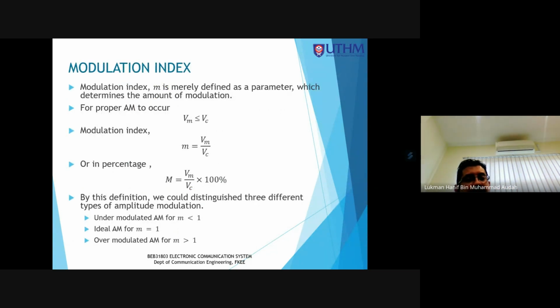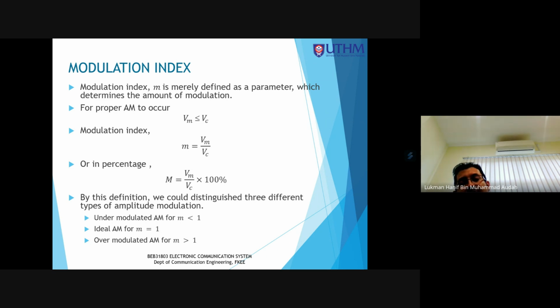Another parameter is the modulation index. The modulation index is a parameter that determines the ratio of the modulating signal amplitude and the carrier amplitude. So we want to measure the ratio of amplitudes.